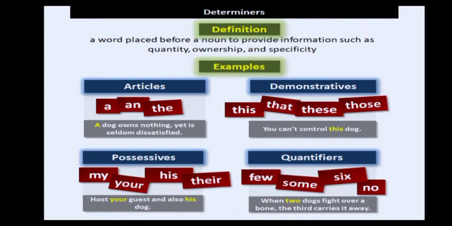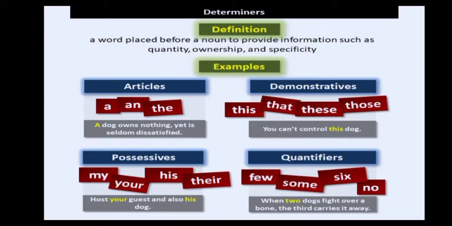Because if I am saying a dog, dog is your noun, your common noun. So it is telling the quantity, how much of the dog is present, or the number of dogs that are there. It tells you the amount or quantity of the noun that is being used in a specific sentence.